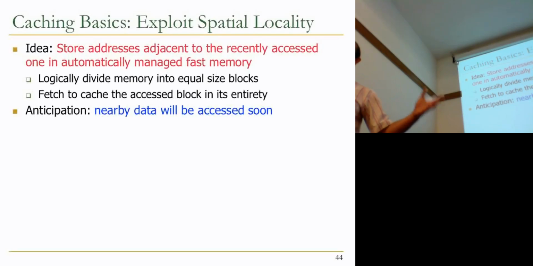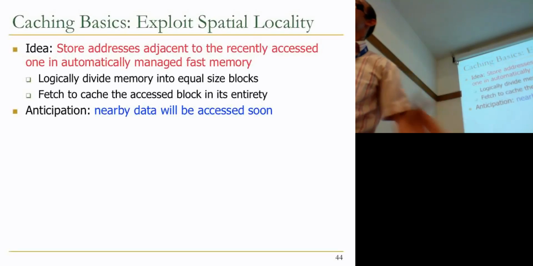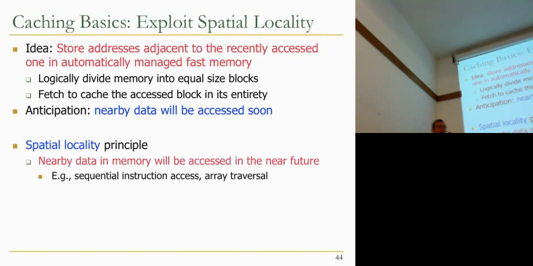And if you actually organize your data such that this becomes more probable, this makes even more sense. And as a result, we usually store addresses adjacent to the recently accessed one in automatically managed fast memory. We cache blocks rather than managing cache in words. And this is the spatial locality principle. Basically, nearby data in memory will be accessed in the near future, and there are many reasons for it.